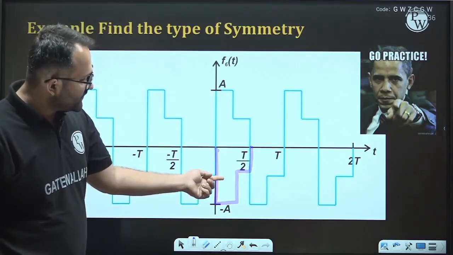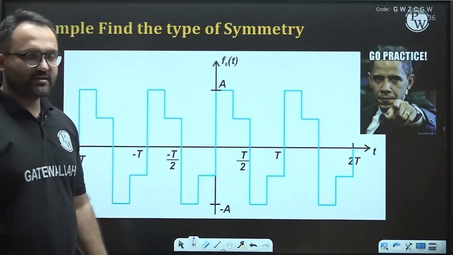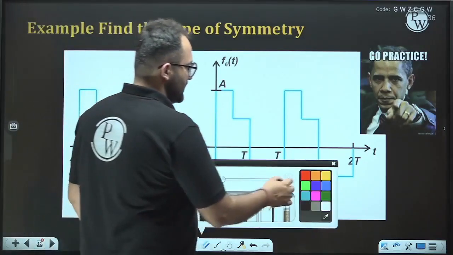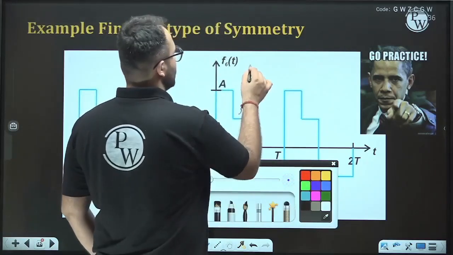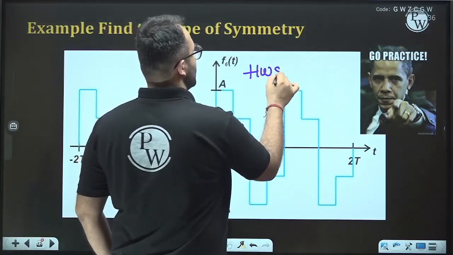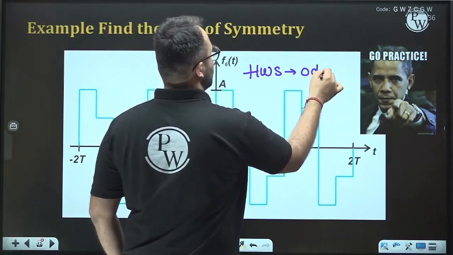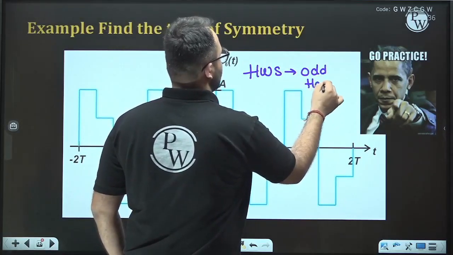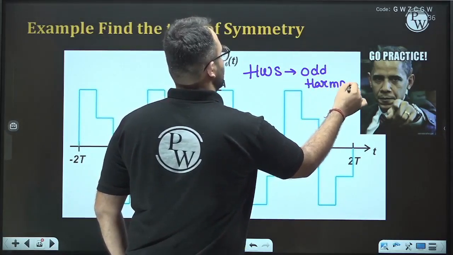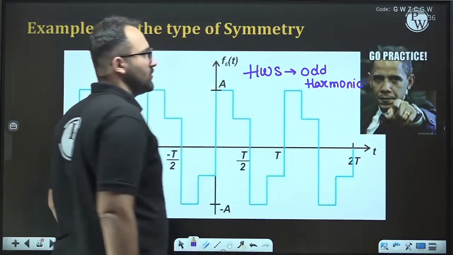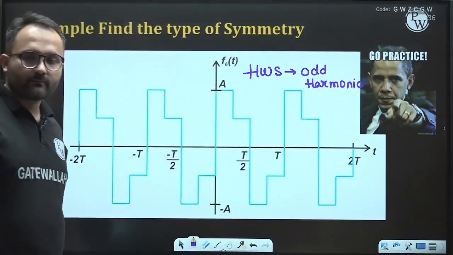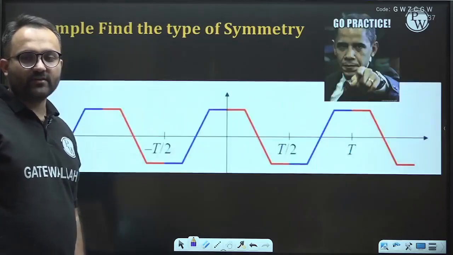We can see that this portion and this portion are opposite to each other, and thus the signal has half-wave symmetry. Neither even nor odd, half-wave symmetry means odd harmonics only: odd harmonics of sine and cos.